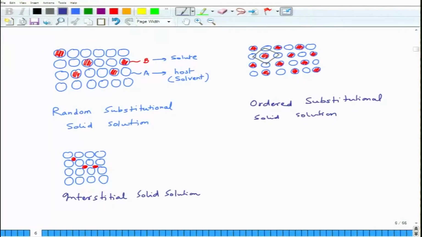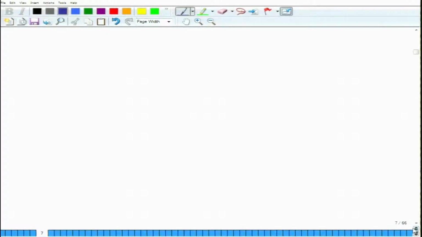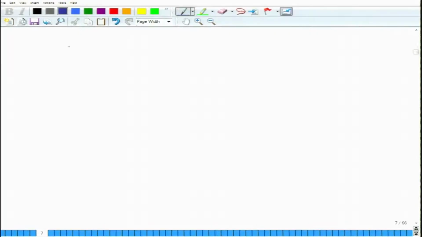So, interstitial sites are randomly occupied, but we do have intermetallics, we do have ordered solid solutions in which you will have ordering of impurity even at interstitial sites, but it is more common in compounds where covalent or ionic character is stronger.